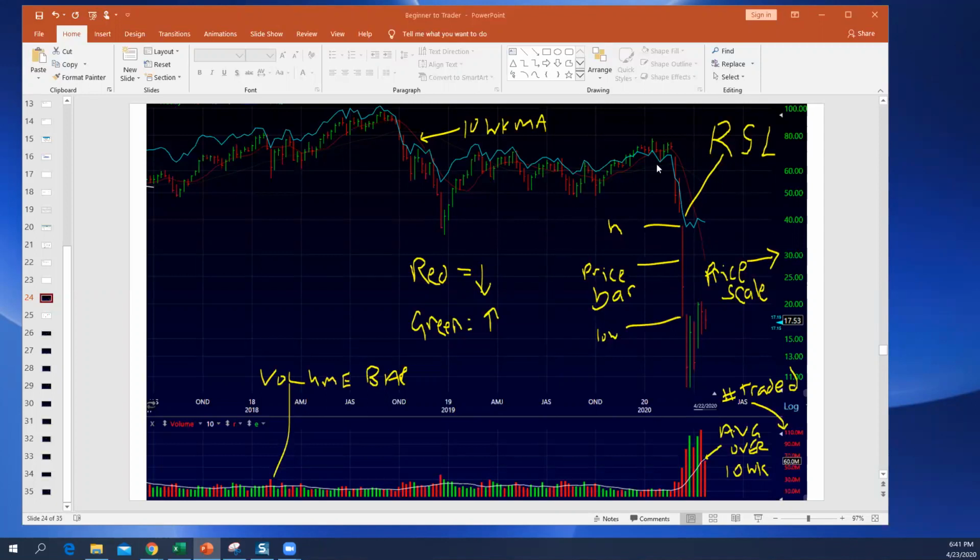It doesn't have the price momentum. If the line is sloping up, that means this stock is outpacing the broad market. So you don't want to be in a stock where the RSL is pointing down. You want to be in a stock where the RSL is pointing up, which means you are beating the broad market in terms of returns. Okay, perfect.